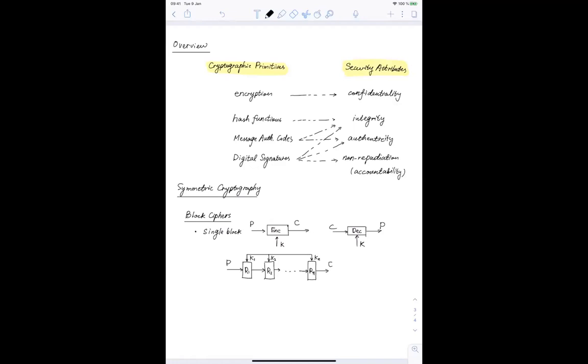In fact, they are generated from the original encryption key K here.